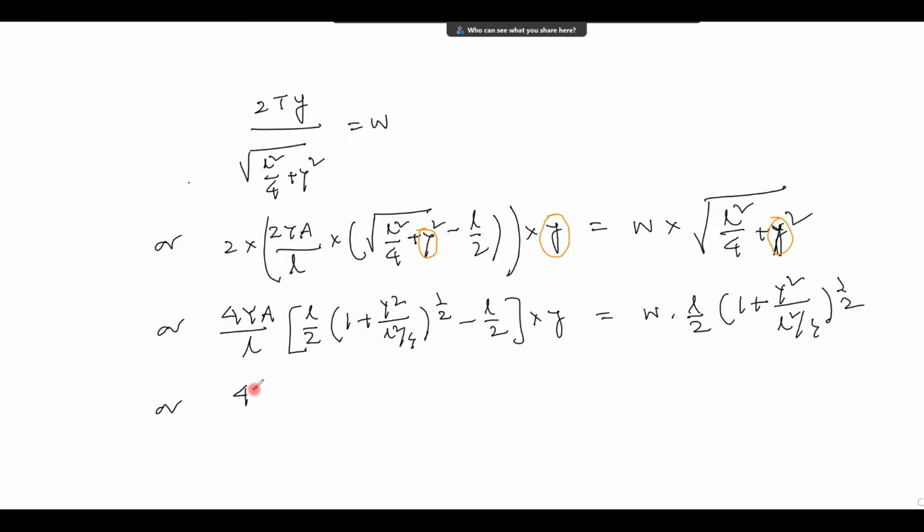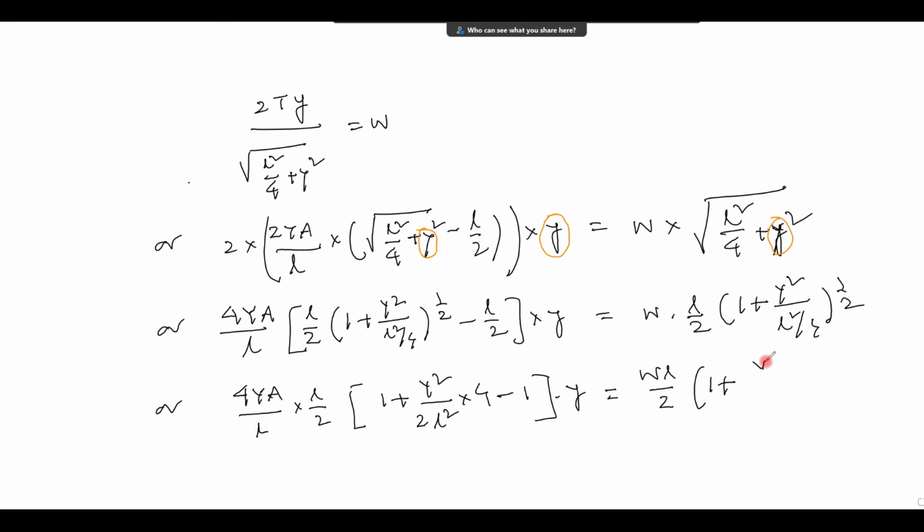So 4YA by L into L by 2, 1 plus y square by 2L square into 4, minus 1, is equal to WL by 2 into 1 plus y square by 2L square into 4.